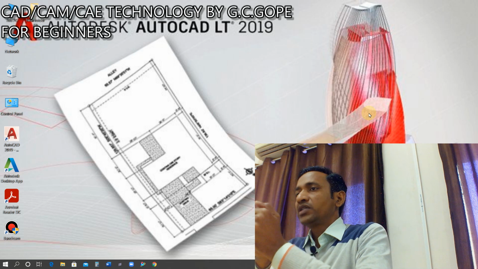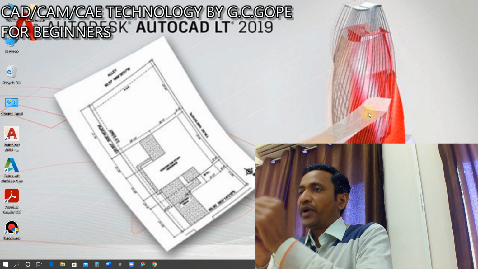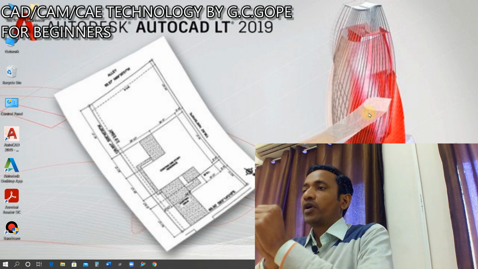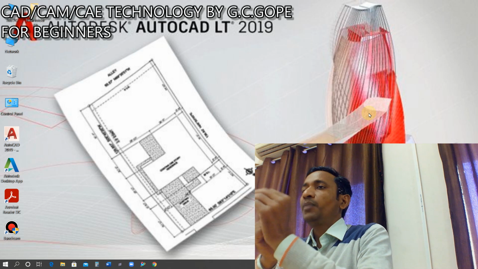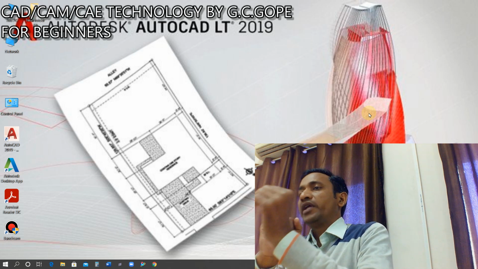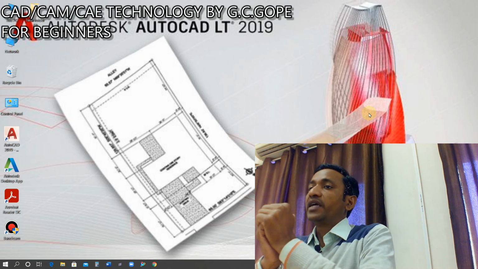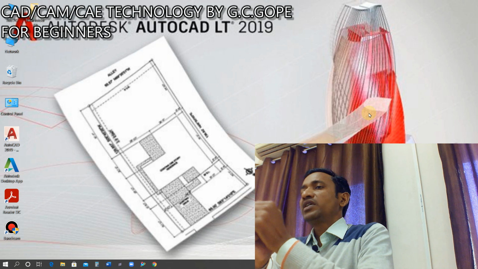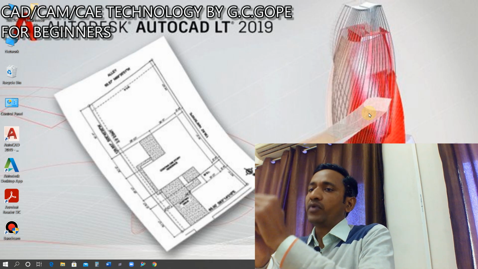M code is called miscellaneous code and G code is called preparatory code. The third element is the coordinate system. With the help of these three elements we prepare the NC code. Now we will discuss each and every portion one by one.